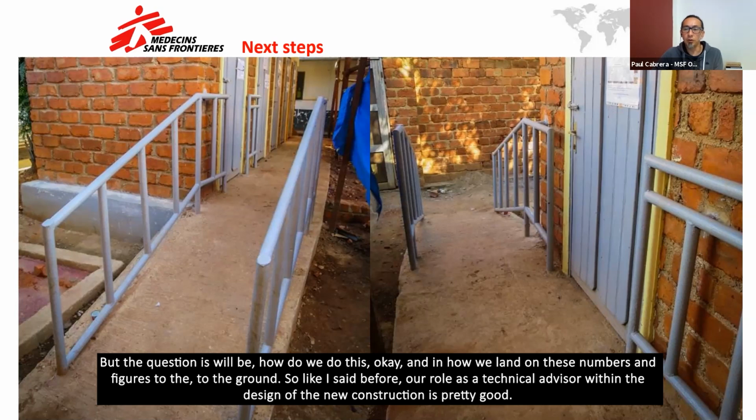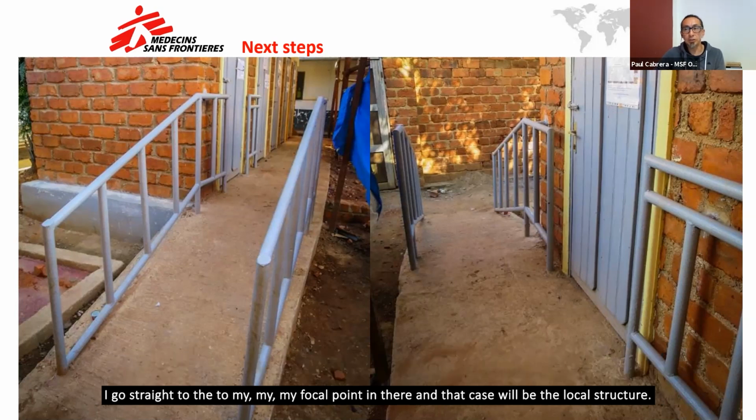So like I said before, our role as a technical advisor during the design of the new construction is pretty clear. I go straight to my focal point in there, in that case the local constructor.